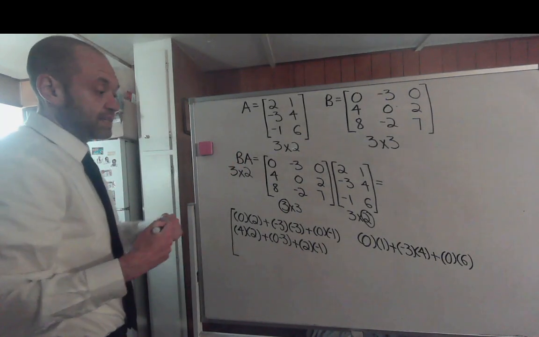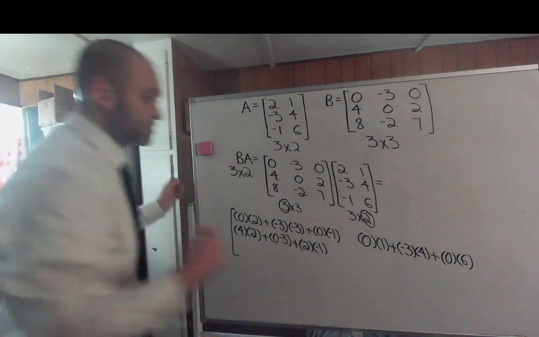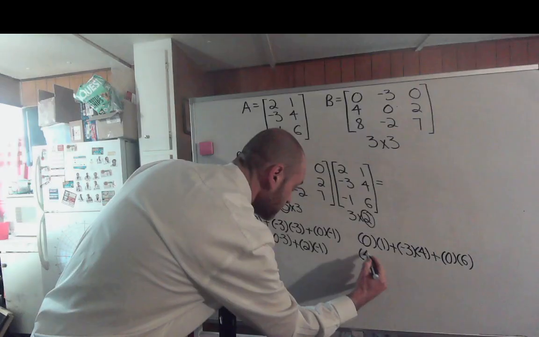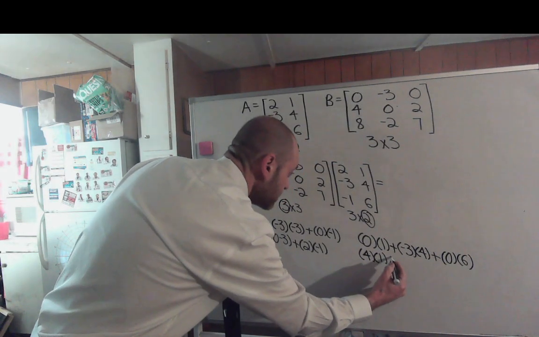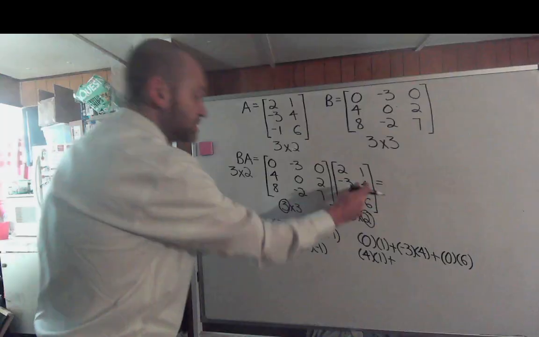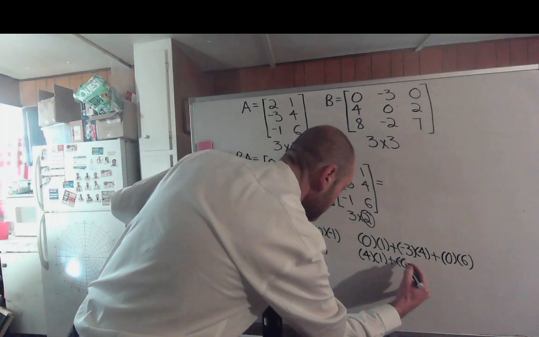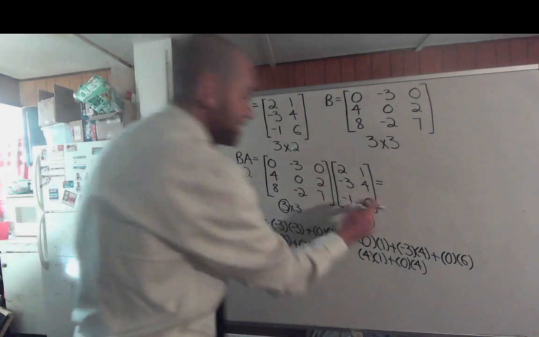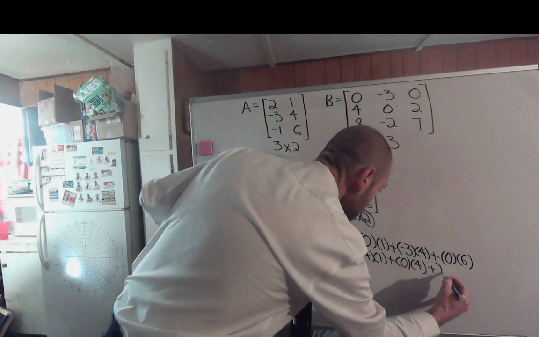Now we need to get the second number of the second row, so this is going to be that 4 times that 1, plus you'll take that 0 times that 4, plus you'll take that 2 times that 6.